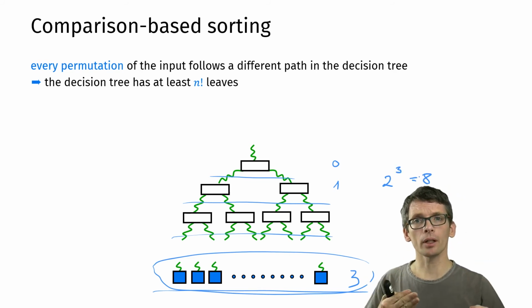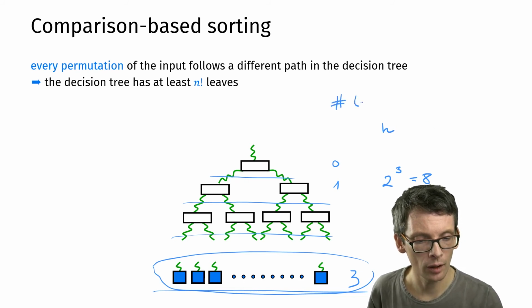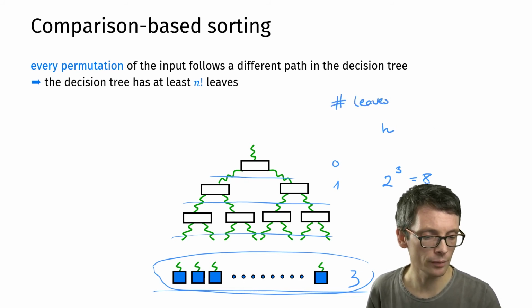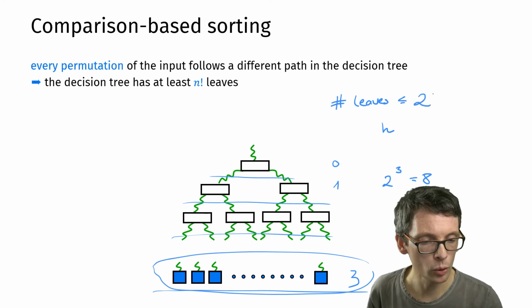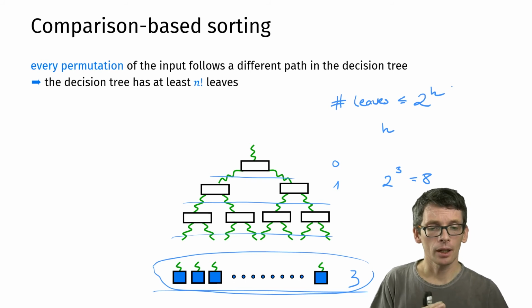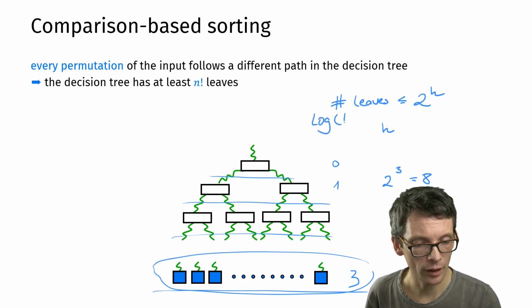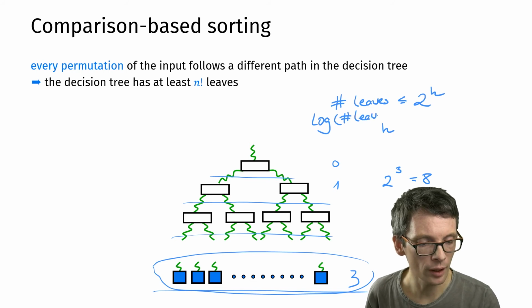Or more generally, if I know the height of the tree, the number of leaves is bounded by 2 to the height. What does that mean? It means that the height, so the logarithm of the number of leaves, is a lower bound on the height.